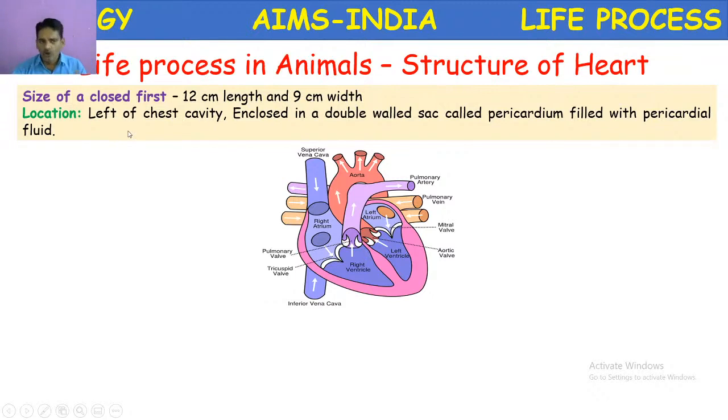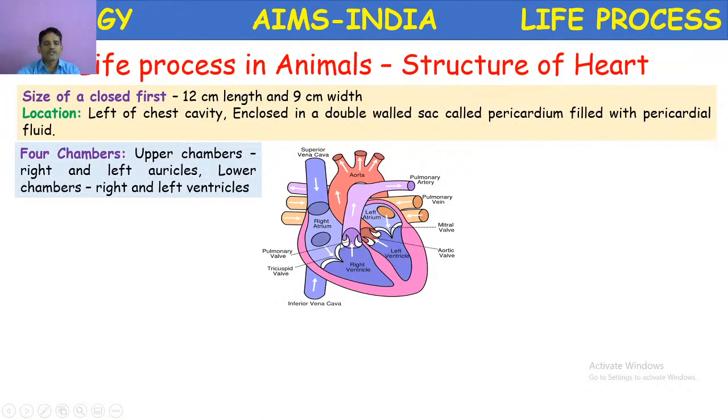It is located near the left side of the chest cavity, and it is a muscular structure enclosed in a double-layered wall or sac-like structure called the pericardium. This pericardium is filled with a fluid called the pericardial fluid.